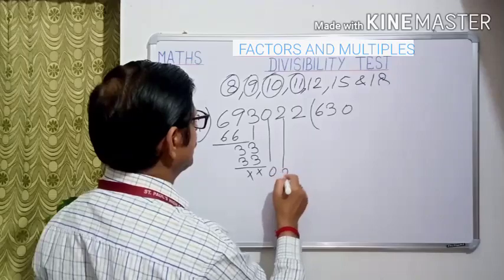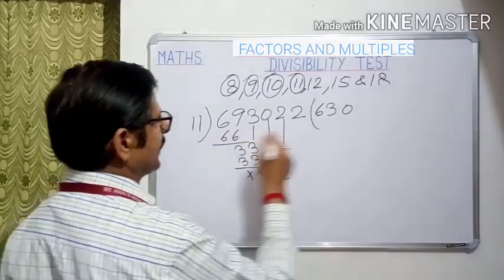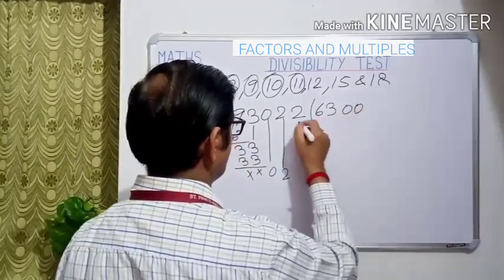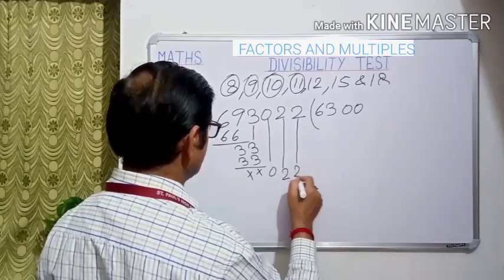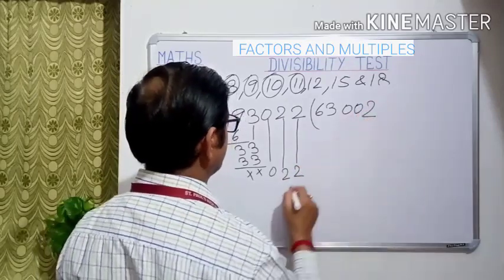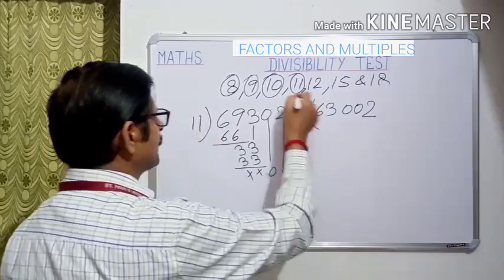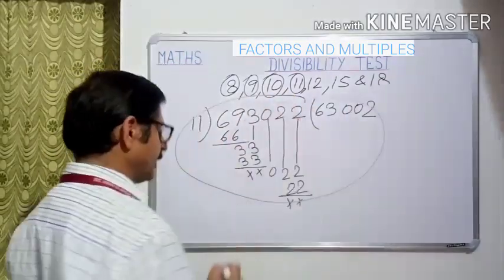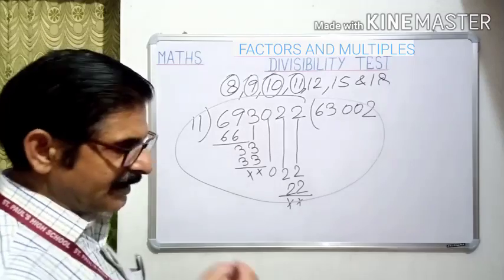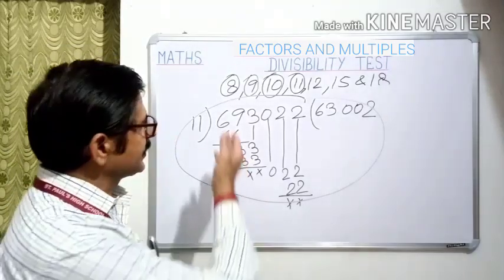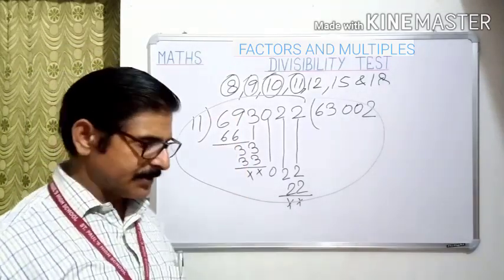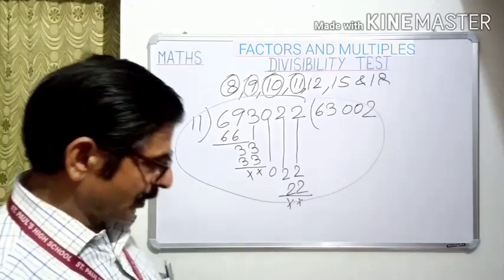Carry down 2. Even now it is less than the divisor, so put one more 0 and carry down this 2. 11 twos are 22. See, without doing all this work, with a little calculation we can see whether the number is divisible by 11 or not.